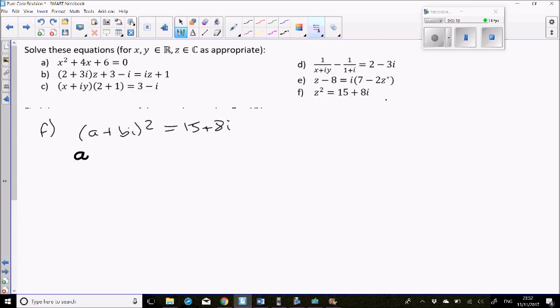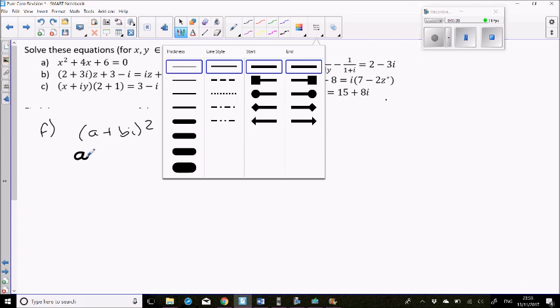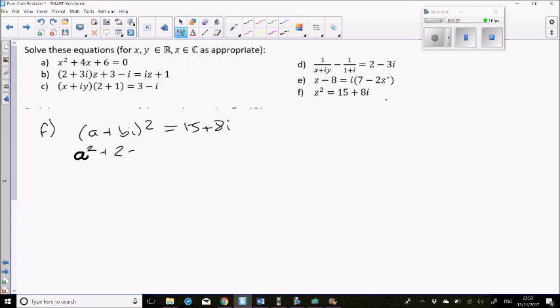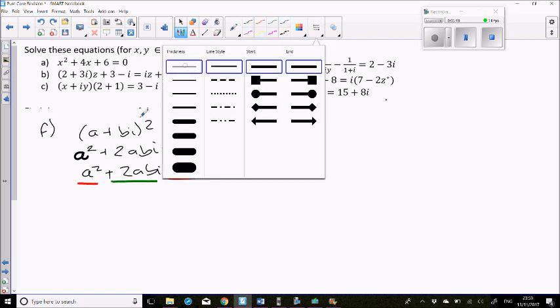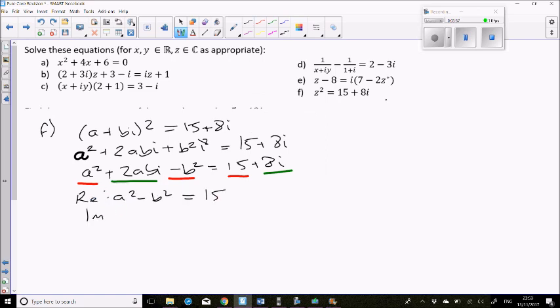Expand these brackets just like we've done before. Okay, a little bit more complicated to solve now, so we need to rearrange to get one of the letters in terms of the other and then substitute in.